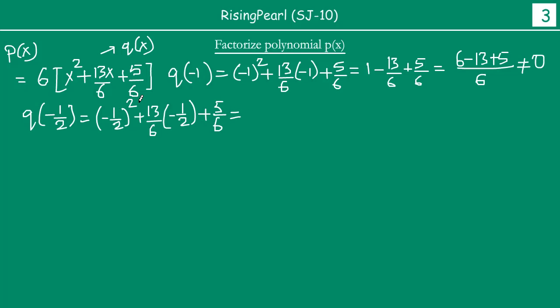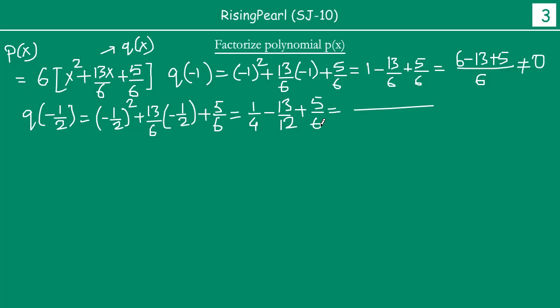So -1 by 2 times -1 by 2, minus minus will become plus. We will get 1 by 4. Now 13 by 6 times -1 by 2, it will be minus 13 by 12, plus 5 by 6.